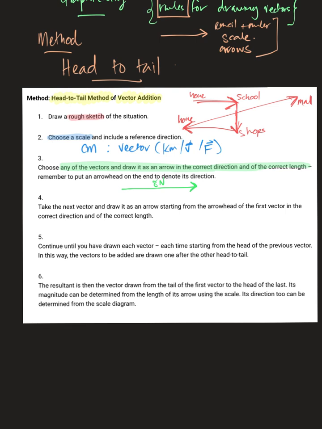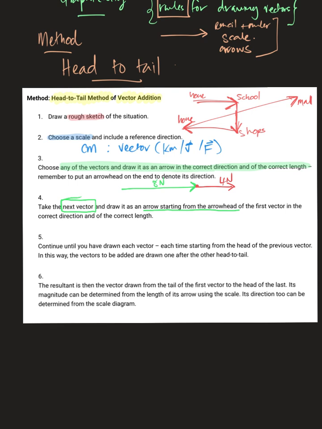Done. The next thing says take the next vector. So let's say there's 3 vectors. Draw the next vector as an arrow starting from the arrowhead of the previous one. So I must go to the head here and put the tail of the next vector, and let's say that's 4 newtons.